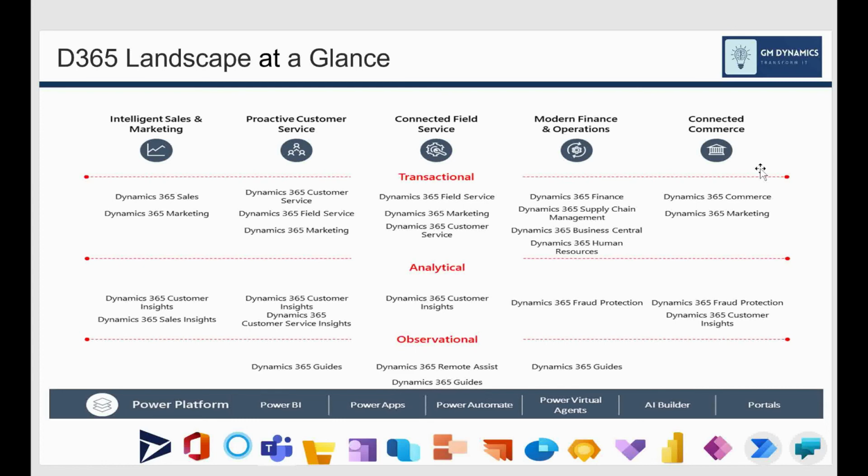Modern finance and operations include finance, operations, Business Central, and human resources. Connected commerce has commerce and marketing. Under analytics, there are customer insights, sales insights, service insights, and fraud protection. And under observational, there are 365 Guides, Remote Assist, and all these things.